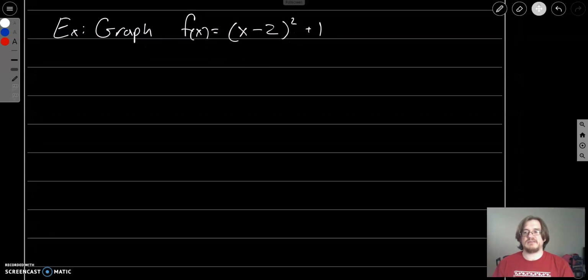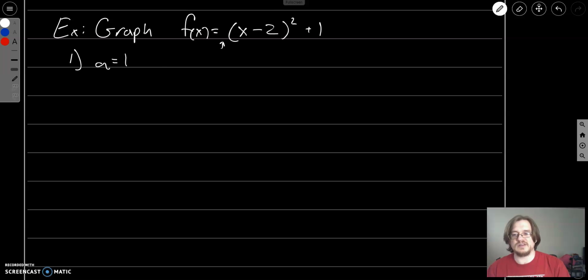Let's graph f of x is equal to (x minus 2) squared plus 1. So right away, we see that our a, which is the number multiplying this, is going to be equal to 1. So we are going to open upwards. If we look to see our vertex, we have x minus 2, plus 1.